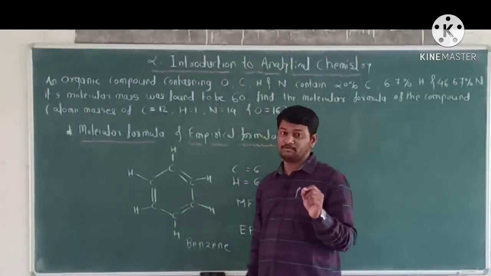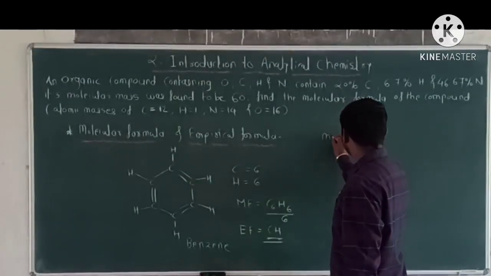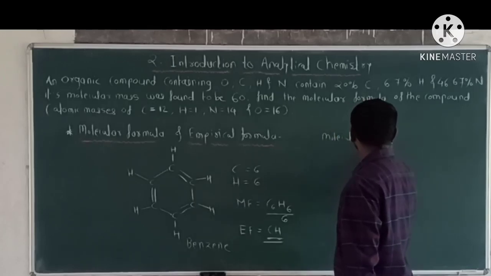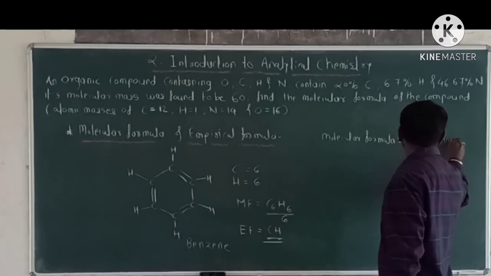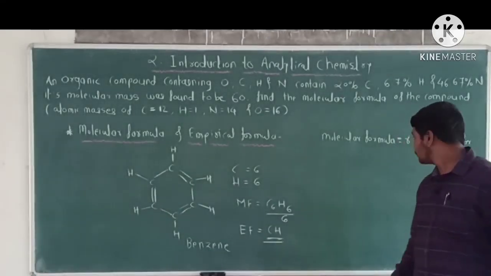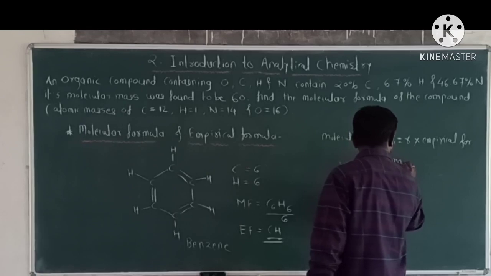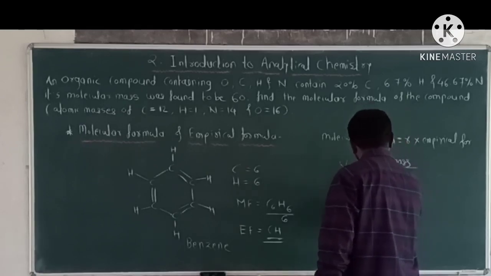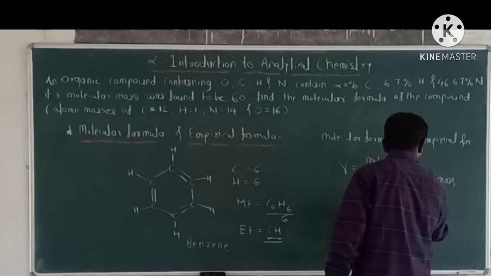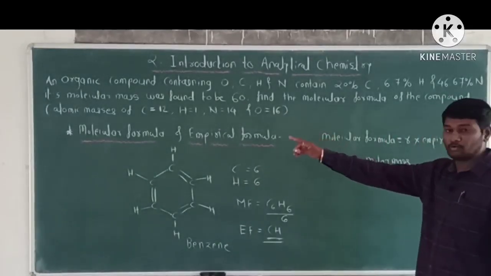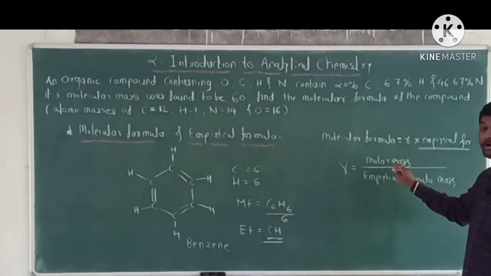That is, molecular formula is equal to n times the empirical formula, where n is equal to the molar mass or molecular mass divided by the empirical formula mass. The molecular formula can be obtained from the empirical formula if the molar mass or molecular mass is known.